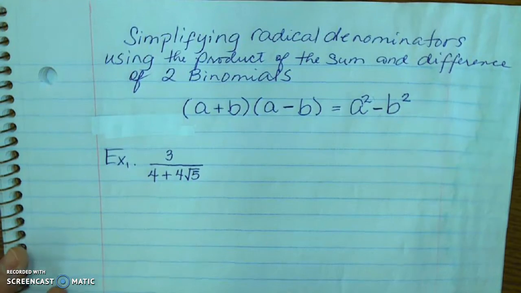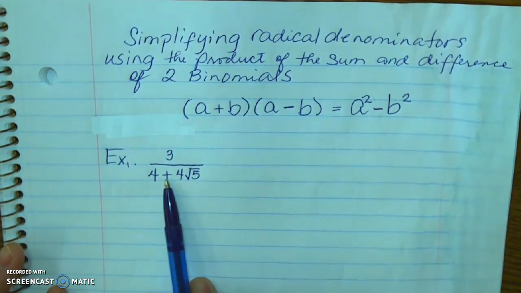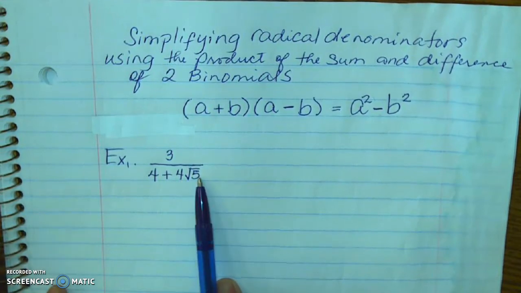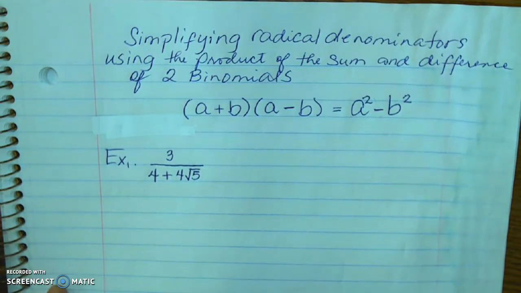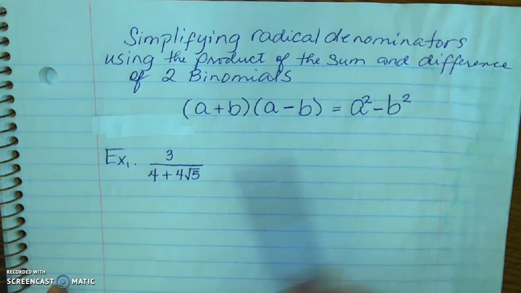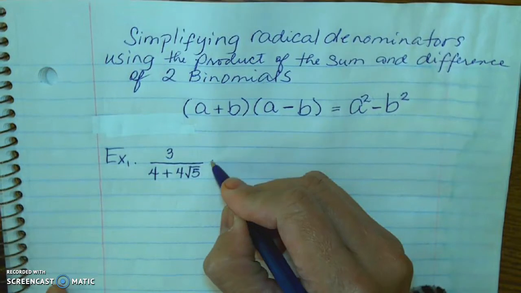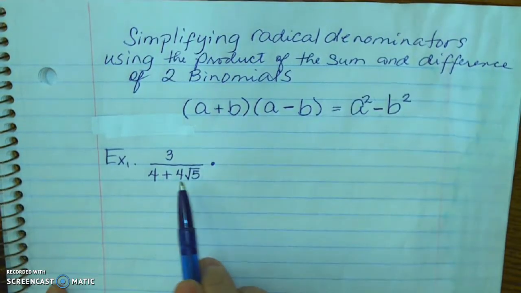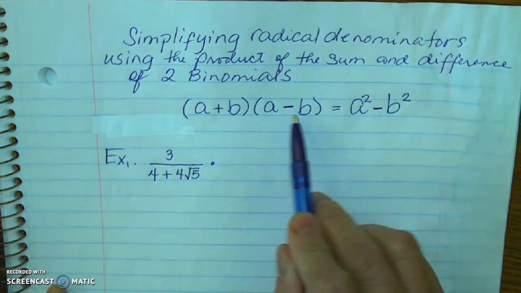My first example is going to be 3 over 4 plus 4 square root of 5. We all know that the square root of 5 here in the denominator is not considered acceptable because it's not simplified. Therefore, we need to remove it, and the way to remove it is by using this property. Since there is a plus, I'm going to multiply it with the same exact terms, except that the sign is the opposite, which is negative.